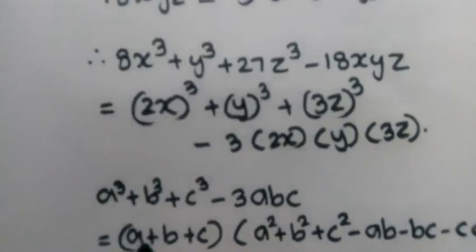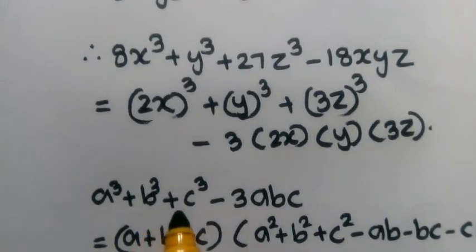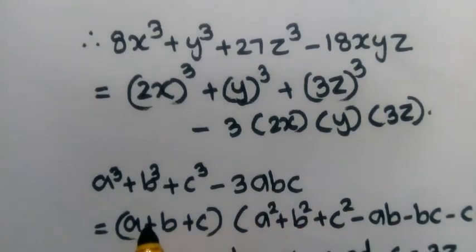Identity 8 is a cube plus b cube plus c cube minus 3abc is equal to a plus b plus c into a square plus b square plus c square minus ab minus bc minus ca.